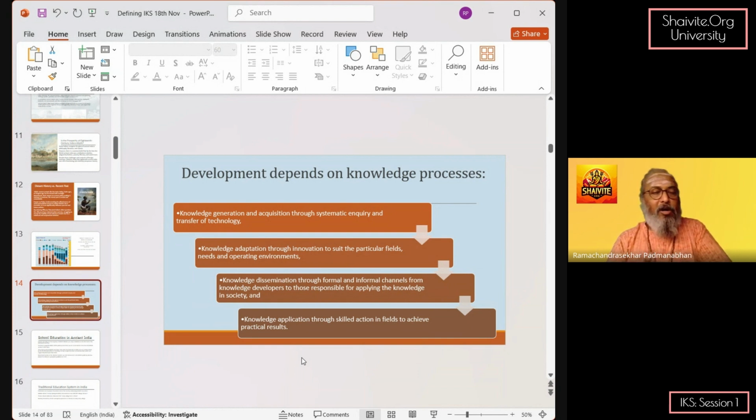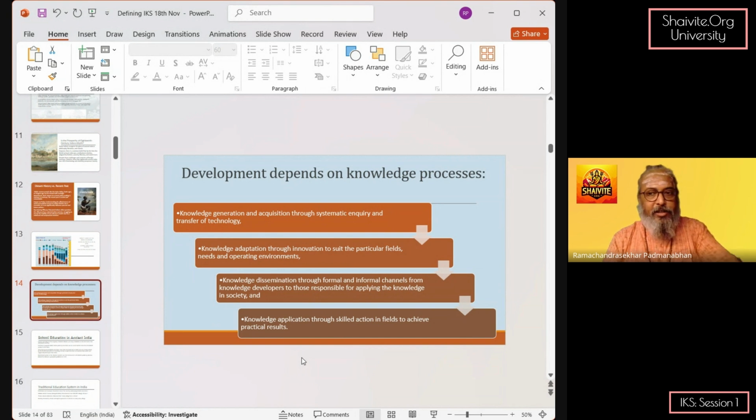It happens normally through the formal channels, and also through informal channels. The transfer of knowledge is from the knowledge developer to the user, one who would be applying that knowledge in the various fields of the society.